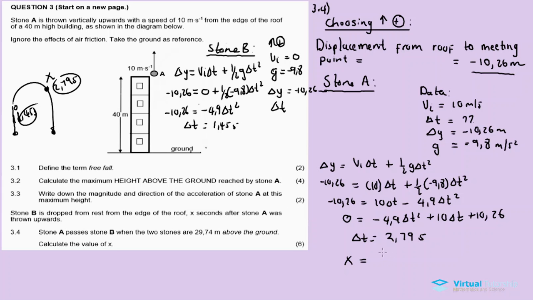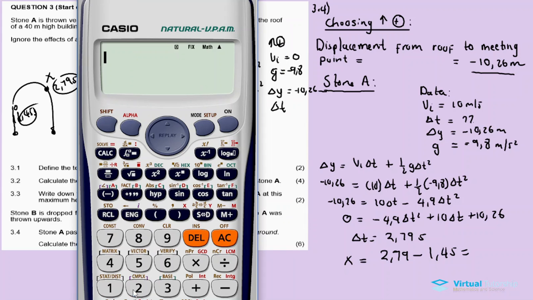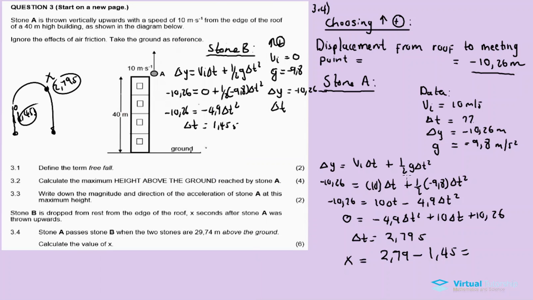So therefore x is about 2,79 seconds minus 1,45, which is equal to what again? 2,79 minus 1,45. Answer is 1,34 seconds. Nayi answer yethu ke.